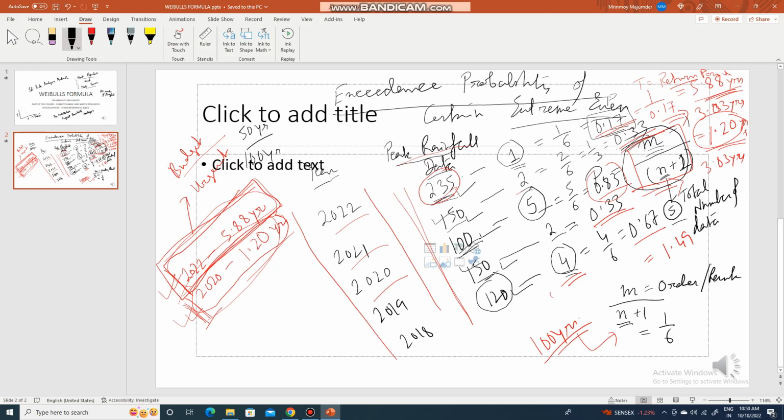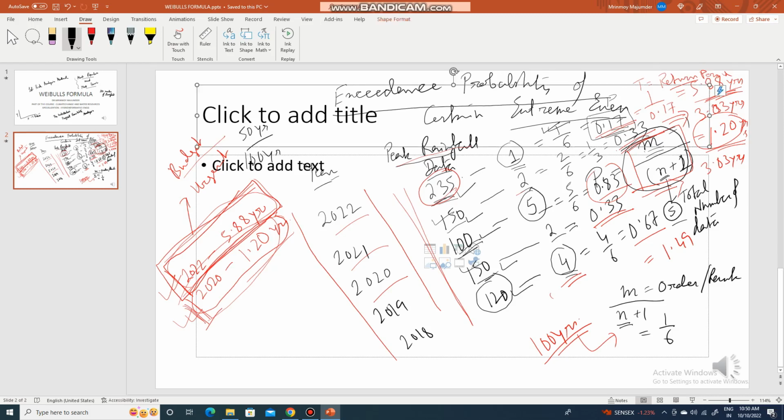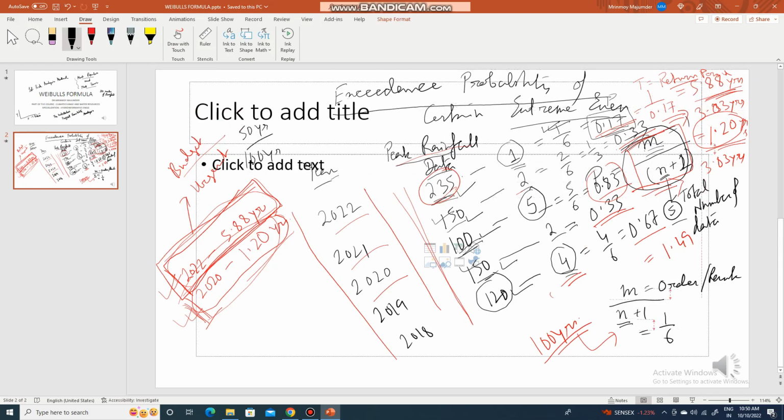In this way you have to adjust to maintain the condition that the worst rank will be equal to the total number of events available to you. So after getting the orders, similarly as we have done for this event, we'll do the same for the other events also.